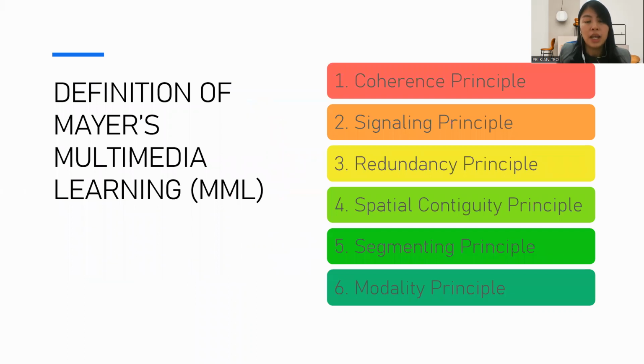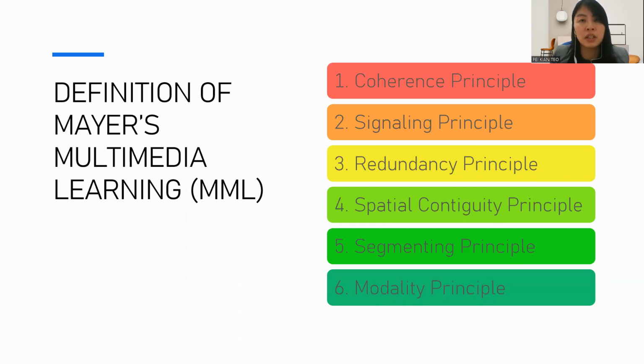And now, let me explain the definition of Mayer's multimedia learning theory. Mayer's theory has 12 principles. For this study, we just use 6 of the principles to merge into the Prezi presentation tool.